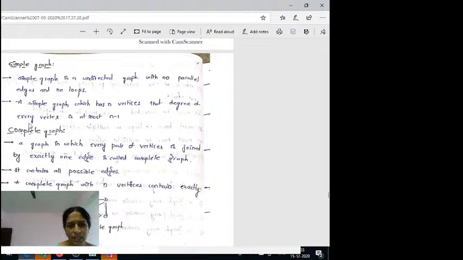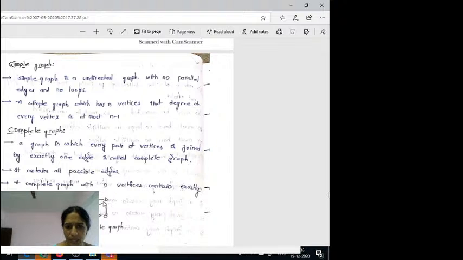And next another graph is a complete graph. A graph in which every pair of vertices is joined by exactly one edge is called a complete graph. That means suppose the graph contains 4 vertices, you can pick one vertex, and that vertex can be connected with all 3 other vertices, then we can call it a complete graph.